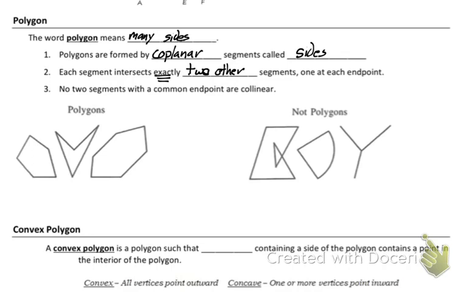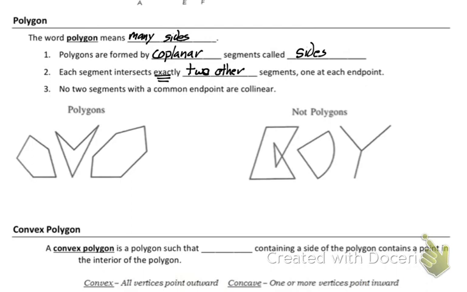No 2 segments with a common endpoint are collinear. Because if they're collinear, it'd just be a straight line. Right? That wouldn't be a polygon. They have to have some kind of bend in it. All right. I like to think of polygons as either, you can picture them, or you could say, hey, that's definitely not a polygon. Sometimes it's hard to explain why they aren't. We can try on these. But it's just easier to look at them and say, that's a polygon. That is not a polygon.